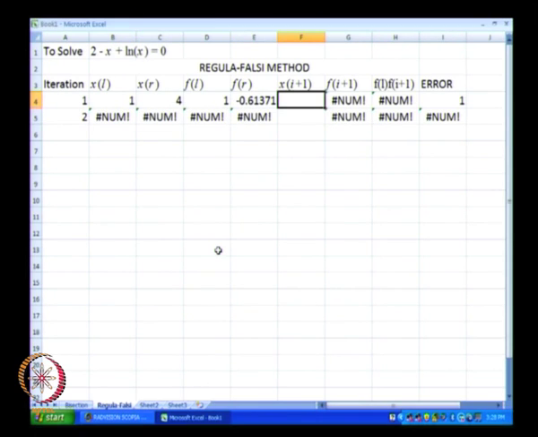Okay. So x of i plus 1, if you recall, was equal to x of L minus f of L multiplied by x of L minus x of R divided by f of L minus f of R. Okay, this is our x of i plus 1.